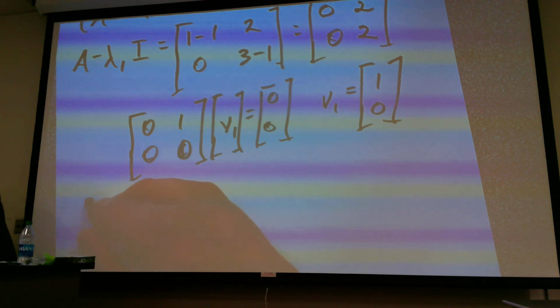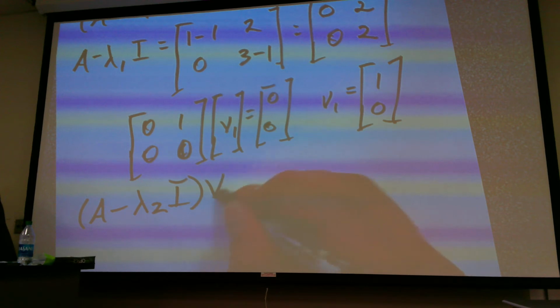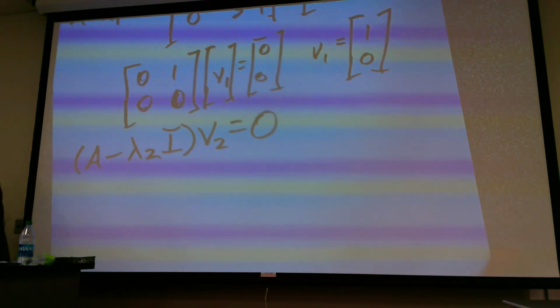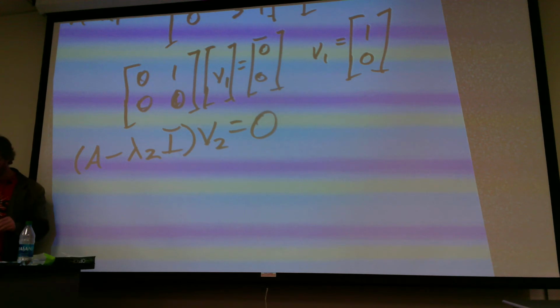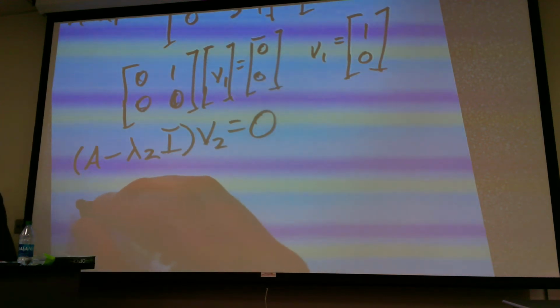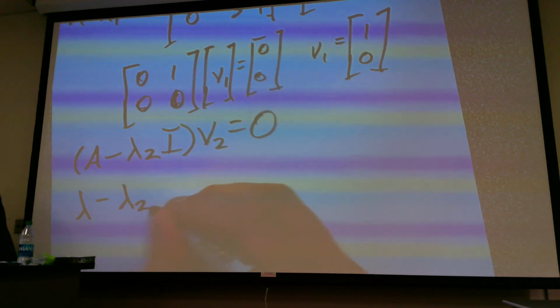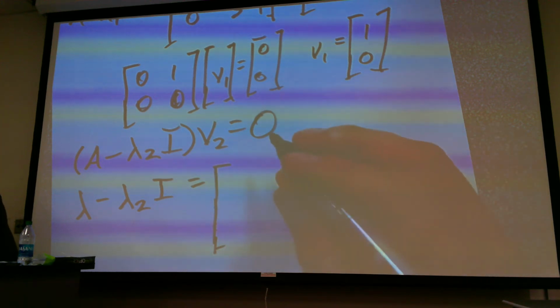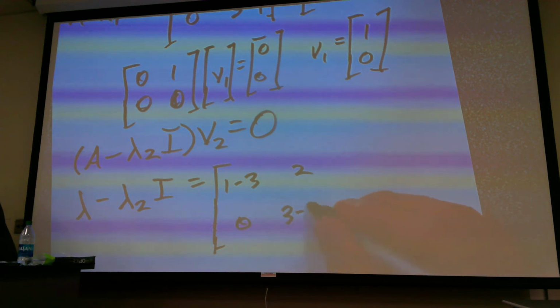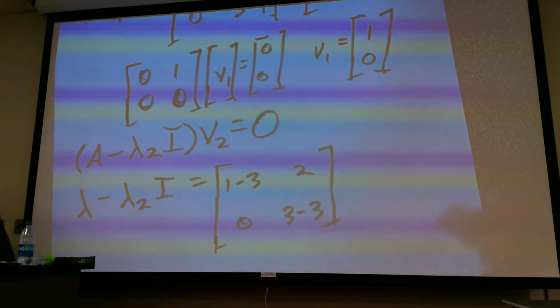And so then we would have A minus lambda 2 I times V2 equals 0. My lambda 2 is 3. So A minus lambda 2 I is going to be 1 minus 3, 2, 0, 3 minus 3, which equals negative 2, 2, 0, 0.